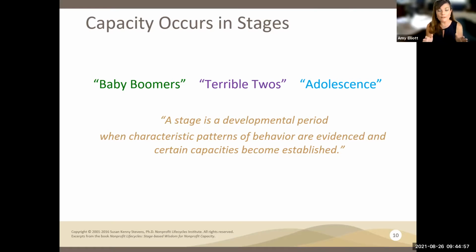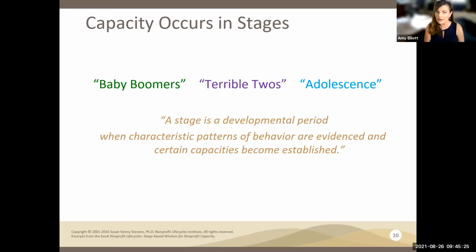When I said toddler, you got a picture in your head. You saw a toddler and you saw behavior. And when I say teenager, you can get a picture of a teenager in your head and you see behavior, even if it is just how that person at that stage in life is carrying themselves or interacting with the world. And that is true of your nonprofit organization.